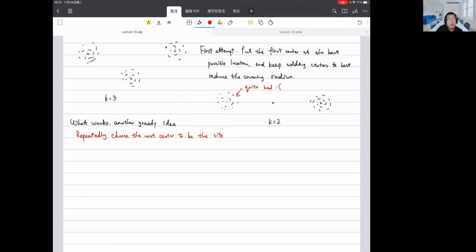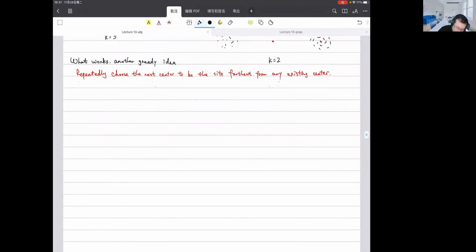So we are going to choose the next center to be the site that is farthest from any existing center. And this is going to be our greedy strategy here. Or formally, we can write down a pseudocode for this algorithm. Center selection: we are going to have k and n as inputs, and also s1 to sn.